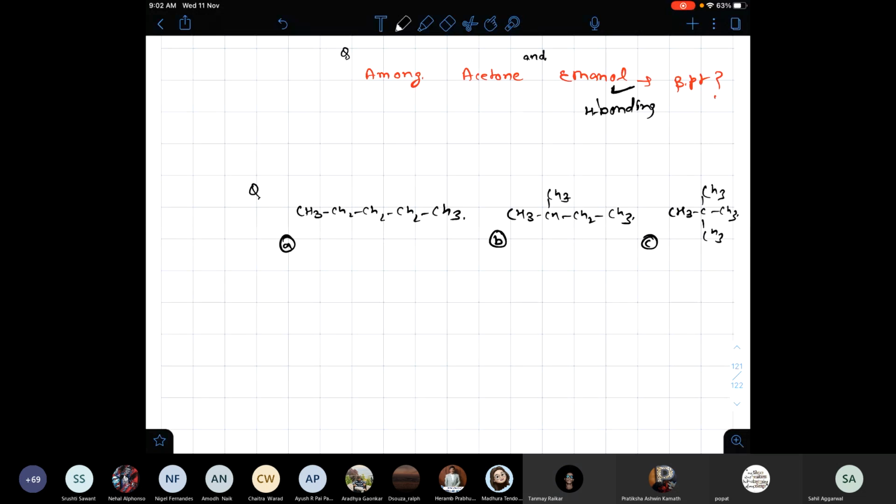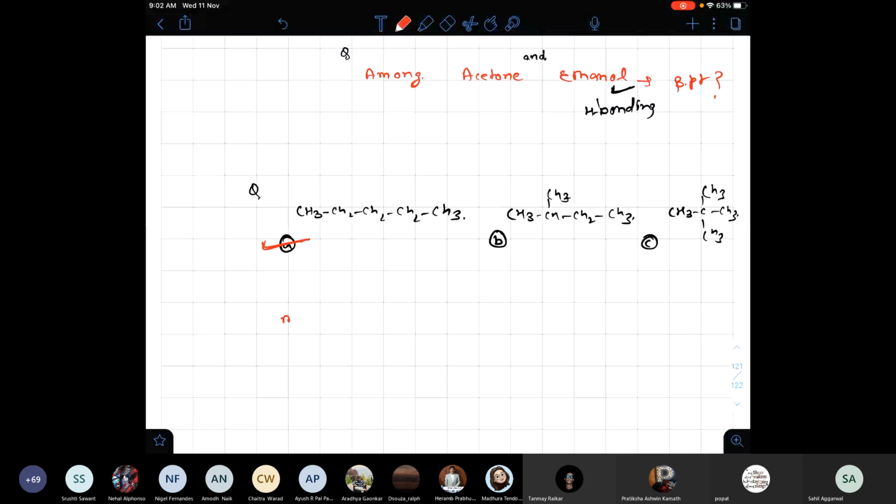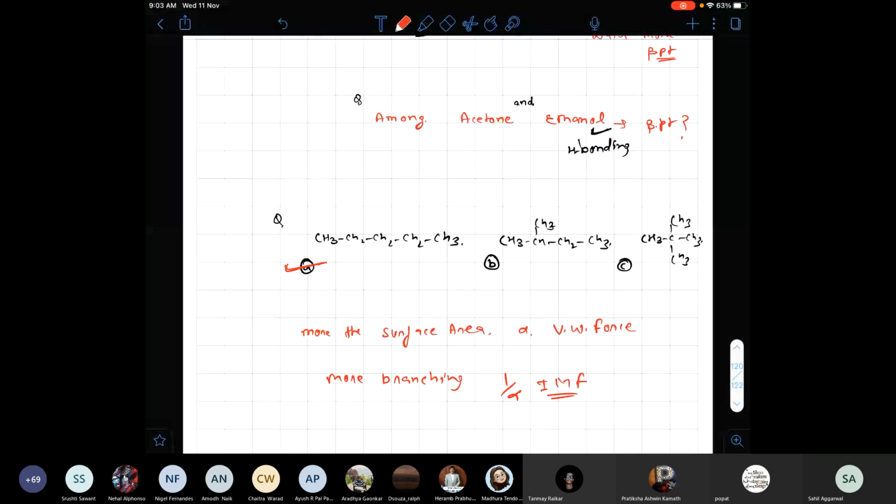Sir, C. A will have maximum intermolecular forces. More the surface area, more the van der Waals force. More branching, less intermolecular force or van der Waals force.